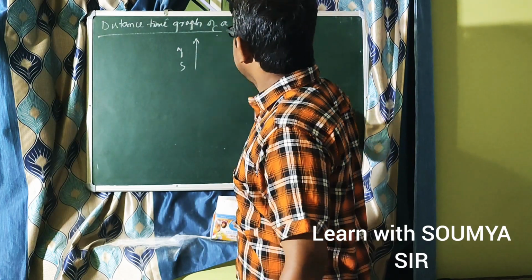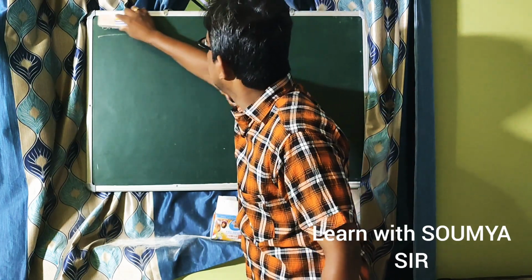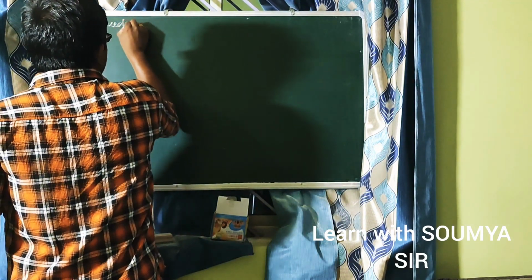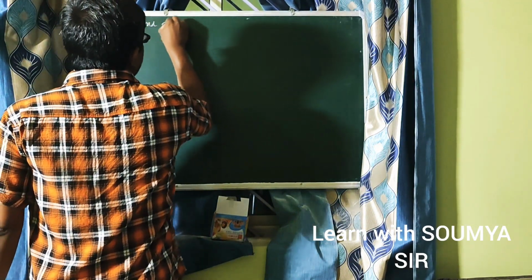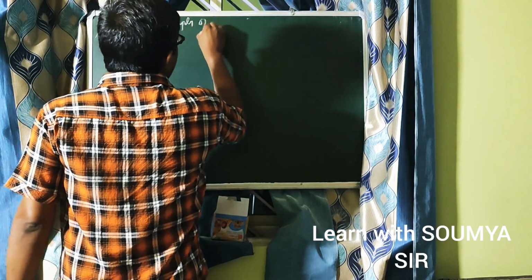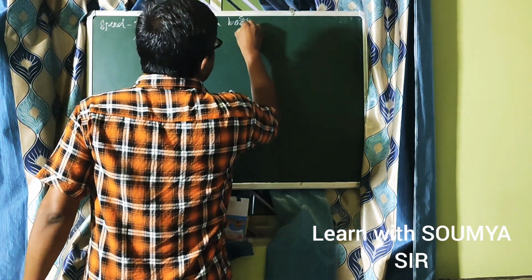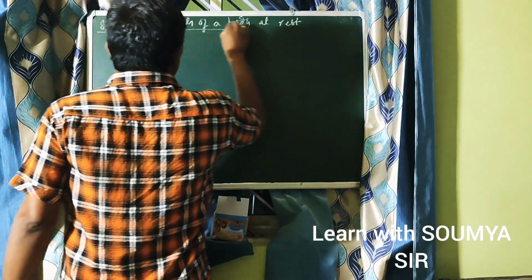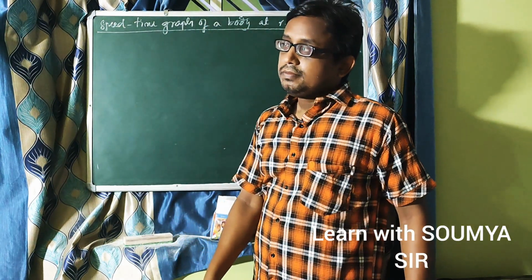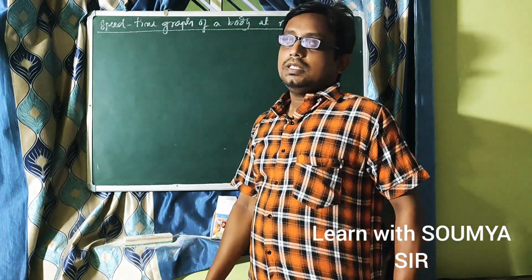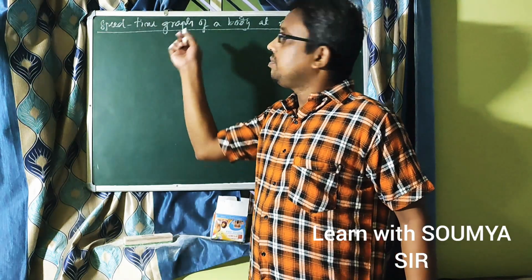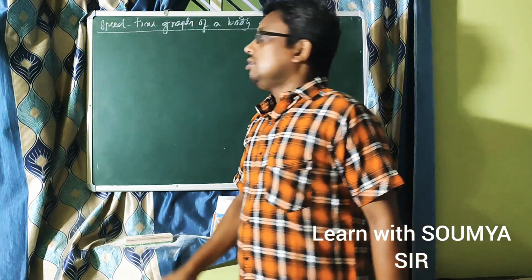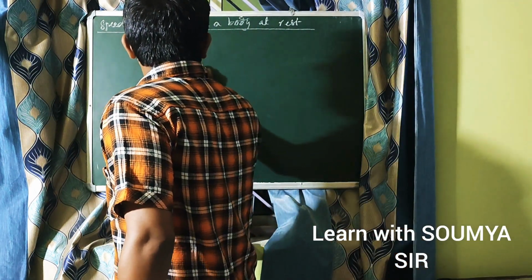Next we'll go to another graph that is called the speed time graph. Speed time graph of a body at rest. So we'll draw the graph here.